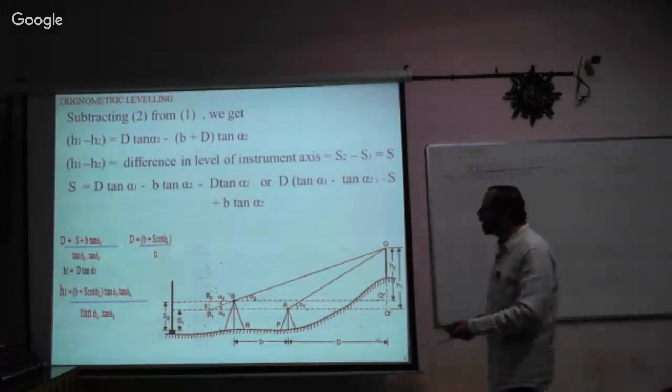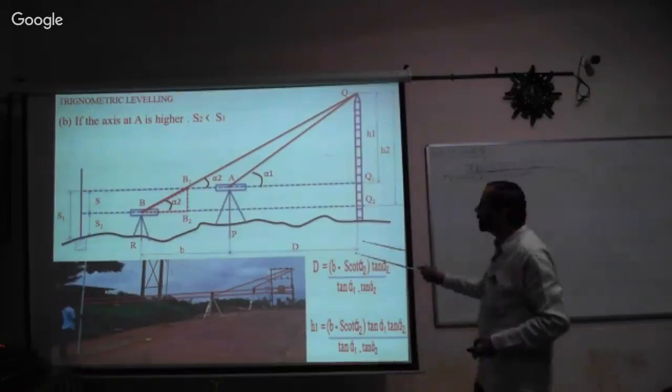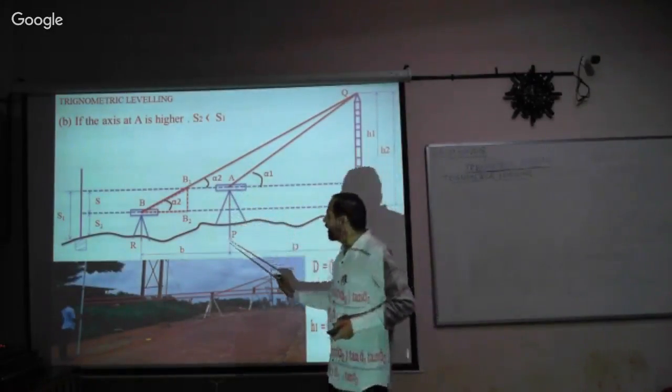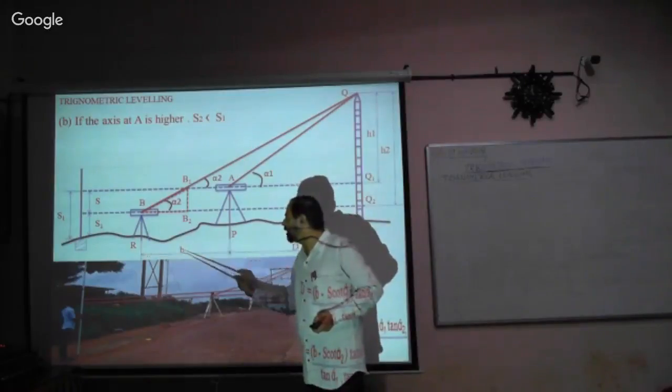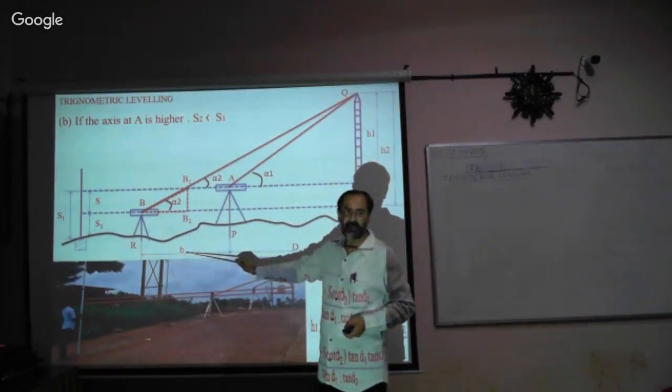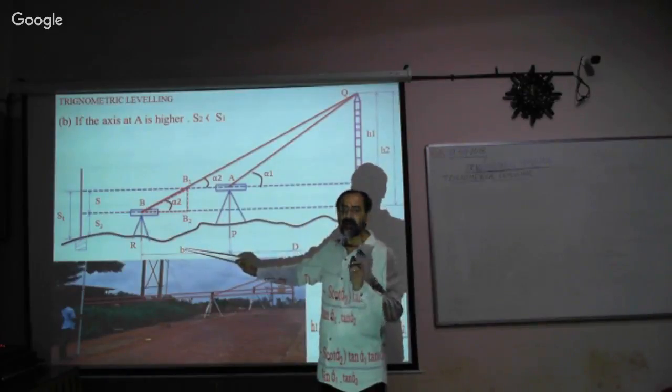Now in the second case, this B is reduced by how much? B is reduced by S cot alpha 2.